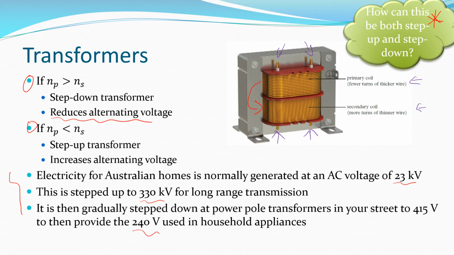In this particular case, the primary coil has less turns and the secondary coil has more turns, so that's going to be a step-up transformer. But if we switch it round and make this bottom one the primary coil and the second one the secondary coil, it's going to go the other way and become a step-down transformer, because there'll be more in primary than in secondary.